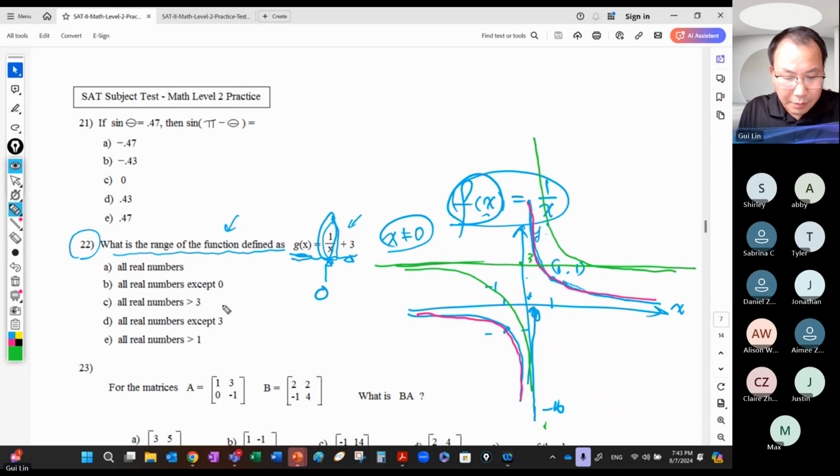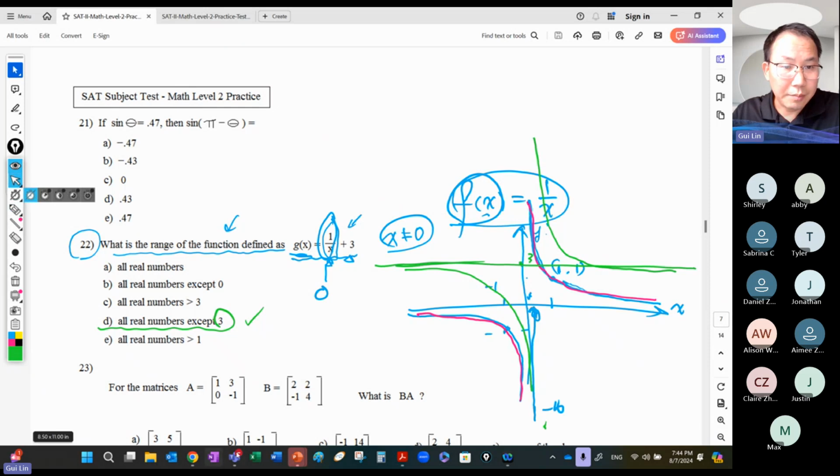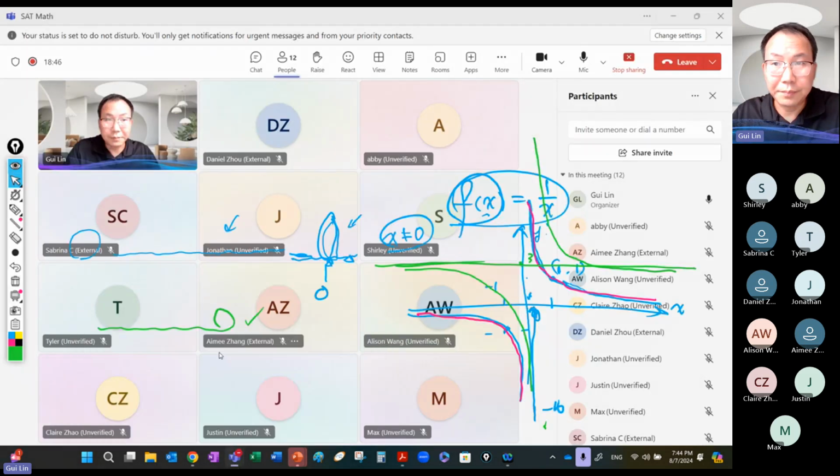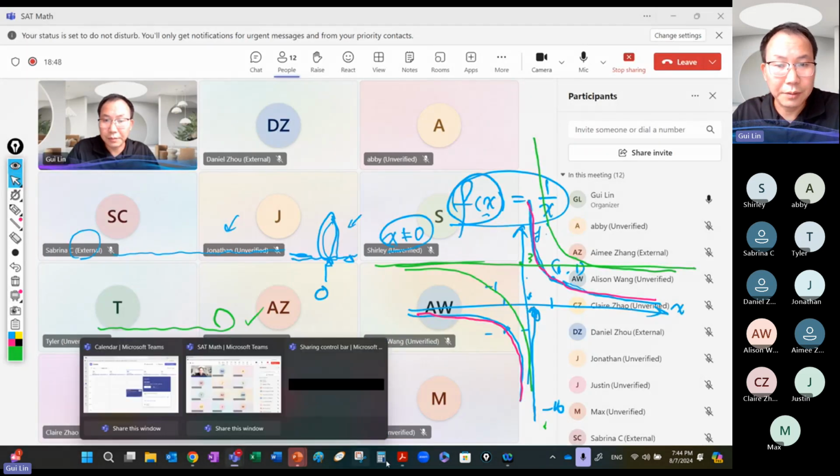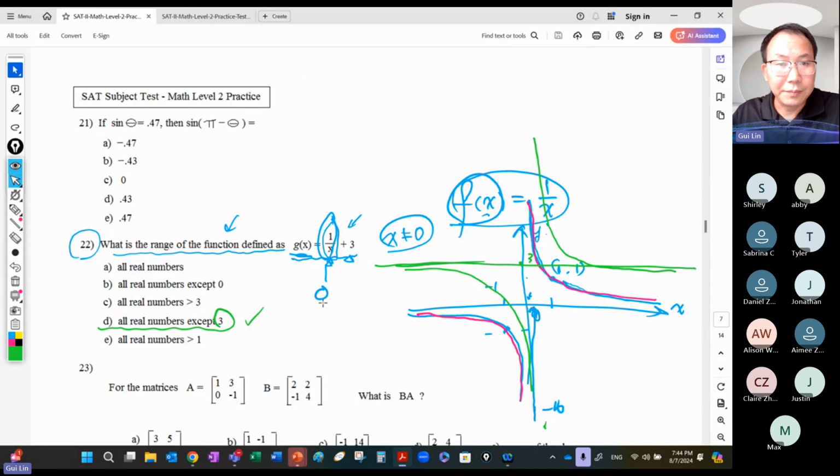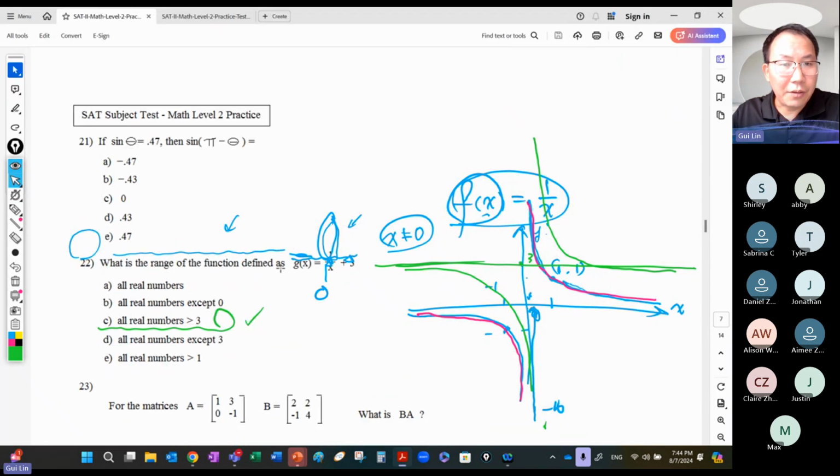So it means all real numbers except 3. Right? So we need graphing for this part. We need to be very familiar with these kinds of special questions. Let me double check that someone joined our time. Okay, good, thank you.